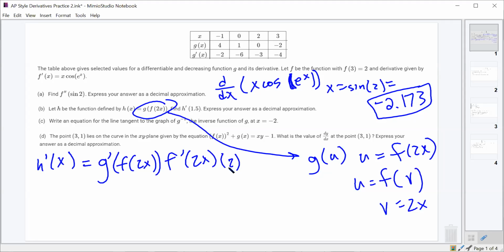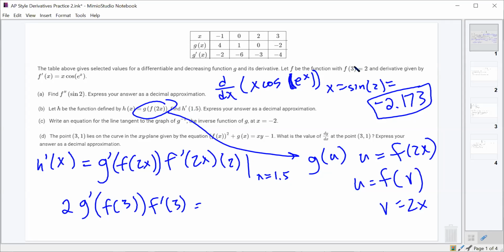Yeah. All right, perfect. So then we'll just need to plug in our value. Our value was at 1.5, so we're going to evaluate this at x equals 1.5. So that should be g prime of f of 3 times f prime of 3, and all of that times 2. And f of 3 is given to us.